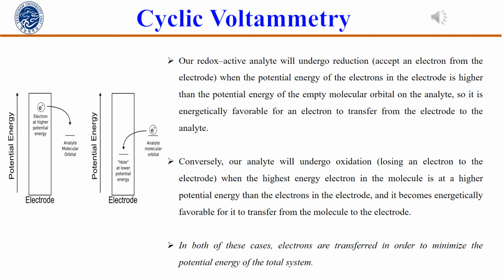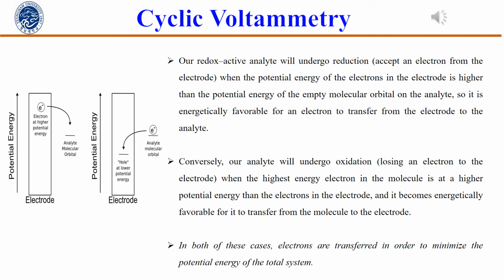Conversely, if you observe the other figure, that is oxidation of the analyte. Oxidation of the analyte means here the energy of the electron in the electrode is less than the analyte molecular orbital.